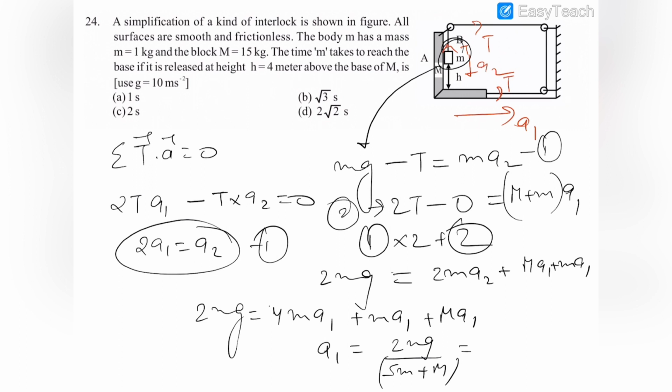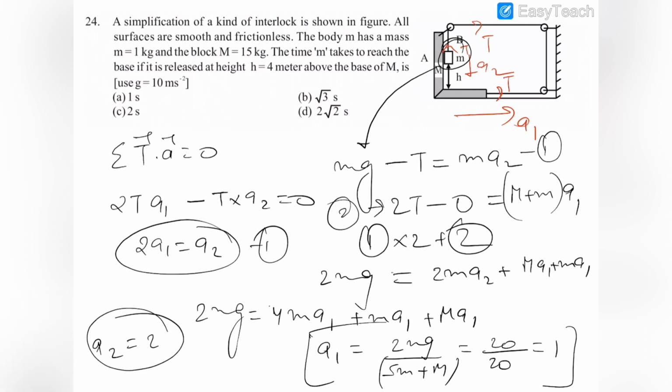Now m is 1 kg, so the numerator is 20, and the denominator is 5m plus m, which is 20 in total. So the value of a1 is 1 and the value of a2 is equal to 2.